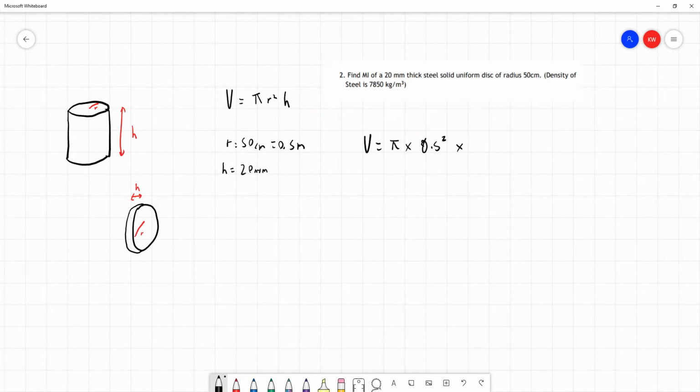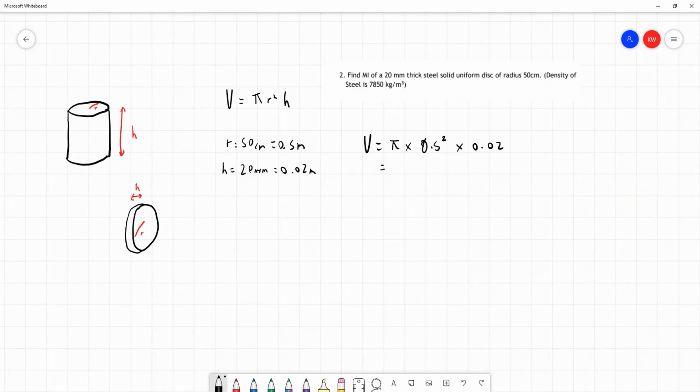Now we have to change that to meters. To convert from millimeters to meters, we can move across 3 places to the right of the decimal point, so we put in our calculators 20 divided by 1,000 to make sure we're getting the right answer. Moving that across, we get 0.02 meters. So we put that into our formula as well, 0.02.